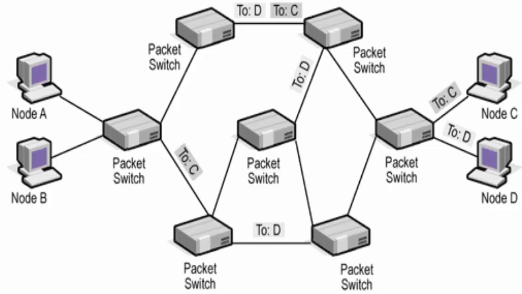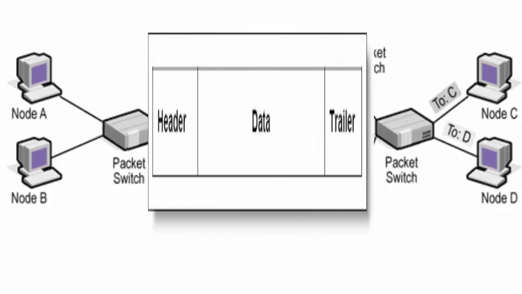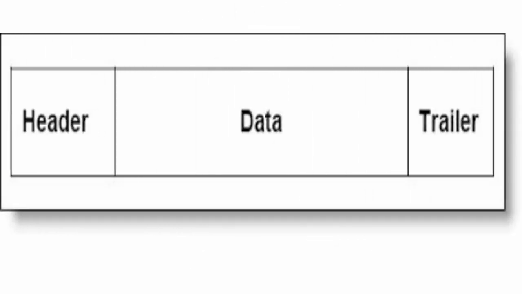Second, if there is a problem with one piece of equipment in the network while a message is being transferred, packets can be routed around the problem, ensuring the delivery of the entire message. Depending on the type of network, packets may be referred to by another name: frame, block, cell, segment.